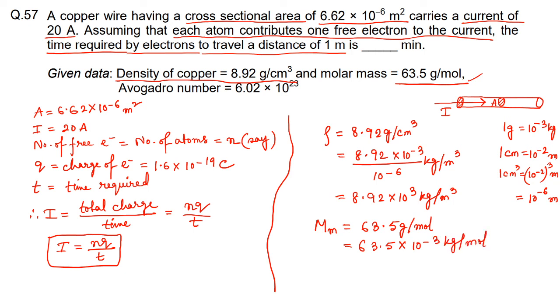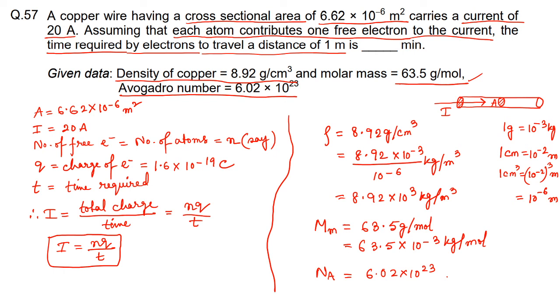That is, 1 mole has mass 63.5 into 10 to the power minus 3 kg. Now another given quantity is the Avogadro number, that is 6.02 into 10 to the power 23, that is Na. Na equals 6.02 into 10 to the power 23. These are the given quantities.